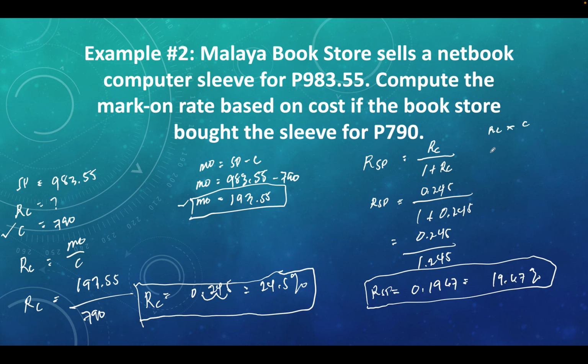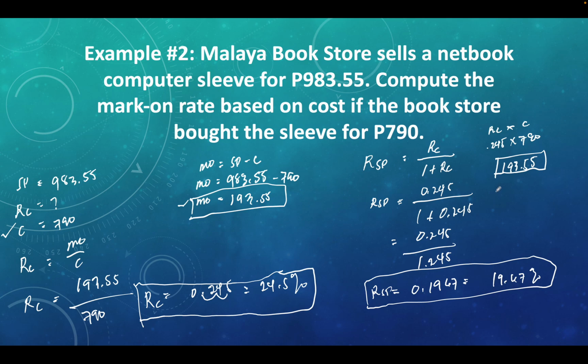Yung rate based on cost natin is 0.245. Yung cost naman natin is 790. Okay? Calculator, 0.245 times 790. That is equivalent to 193.55. Okay, so this is the mark on.